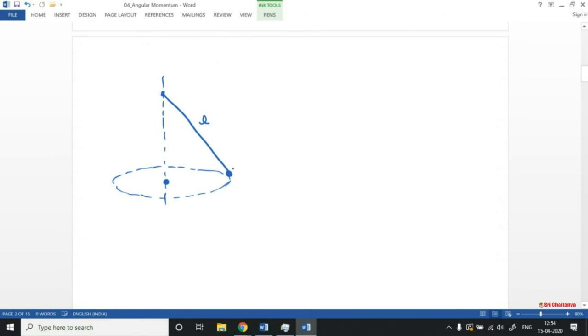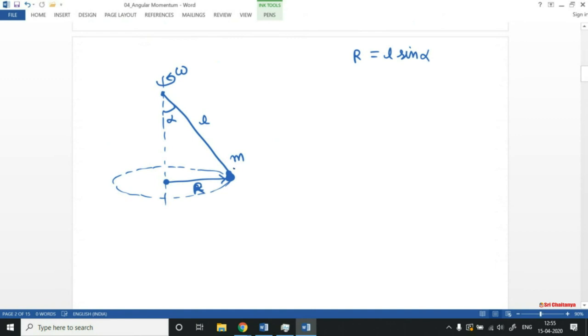Let's say this conical pendulum is rotating with angular velocity omega, and the mass of this particle is m. Let's say this is r, or let's say capital R. You can see if this angle is alpha, capital R would be nothing but L sine alpha.